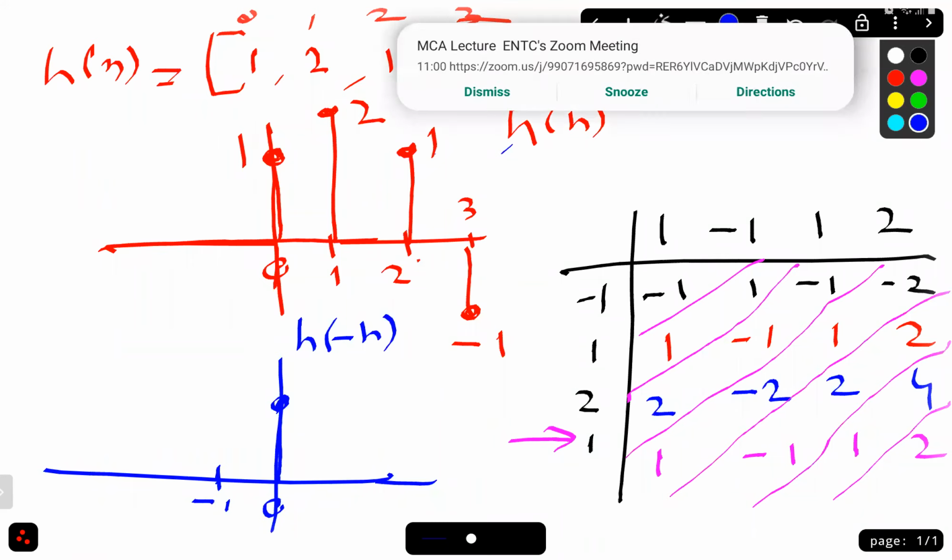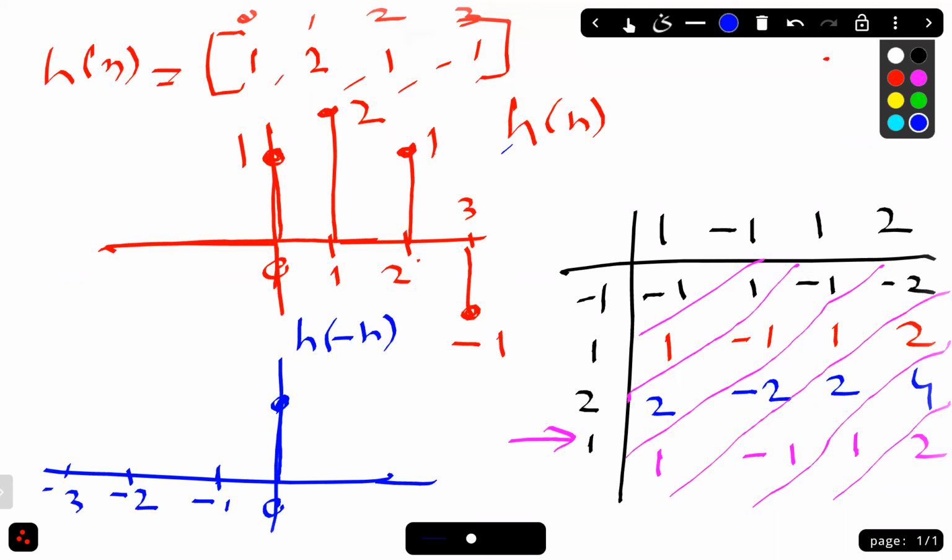Whatever is there on 2, it will come to -2. Whatever is there on 3, it will come to -3. So at 1 we have amplitude 2, at 2 we have amplitude 1, and at 3 we have amplitude -1. Now this is our H of -n. So this is 1 2 1 आणि -1.